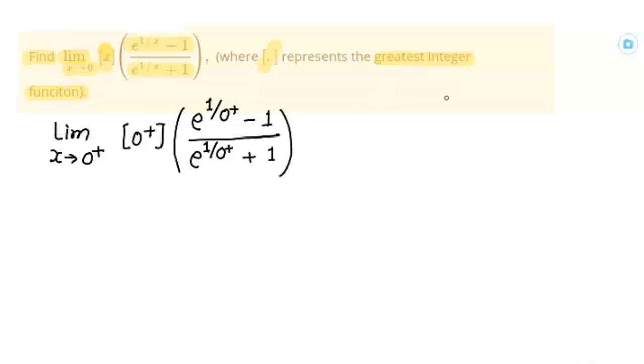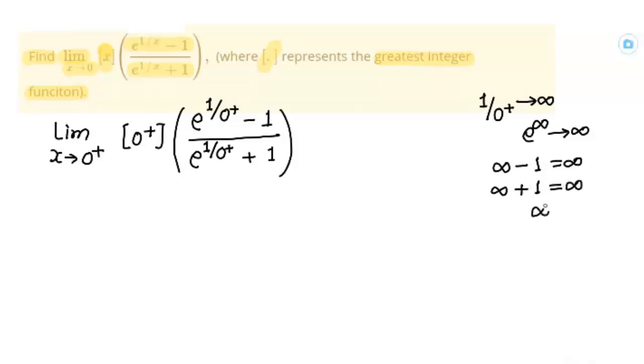Now see, 1 upon 0 plus tends to infinity, and e to the power infinity tends to infinity. The numerator is infinity minus 1, which equals infinity, and the denominator is infinity plus 1, which equals infinity. So this becomes infinity upon infinity.